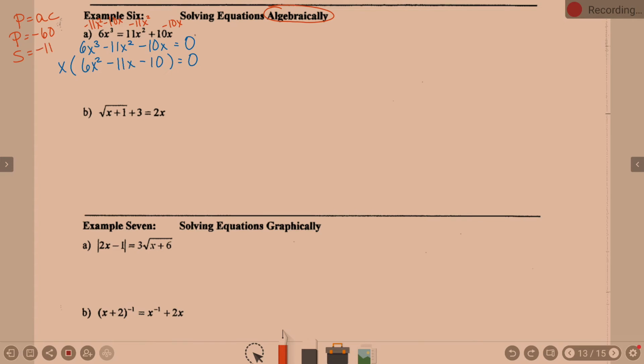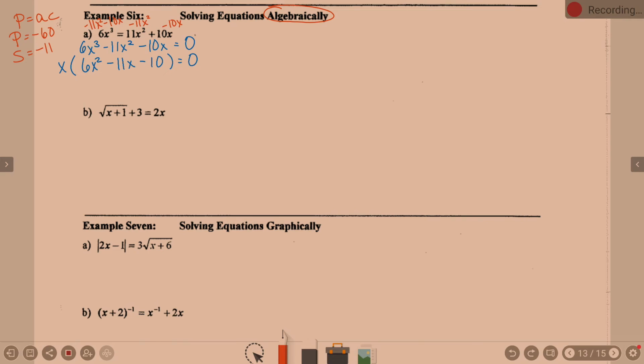Negative 11. So I need a product of negative 60 and a sum of negative 11. And that's where I go through my list. 1 and 60, 2 and 30, 3 and 20, 4 and 15, 5 and 12, 6 and 10.